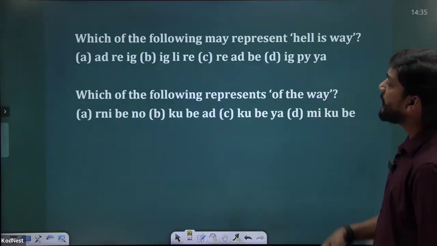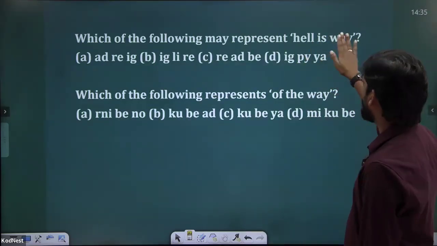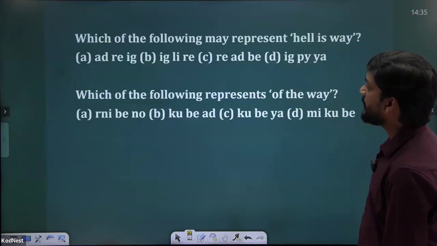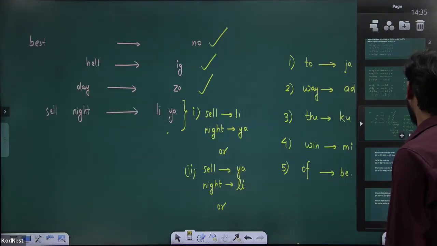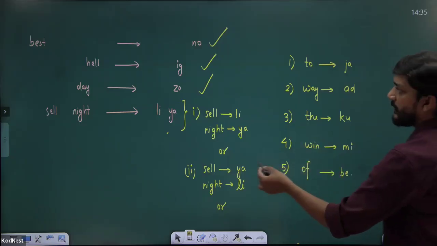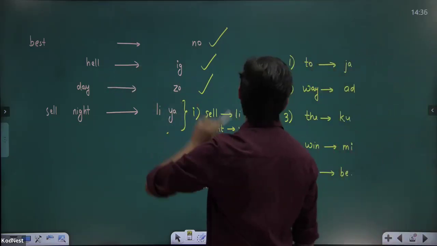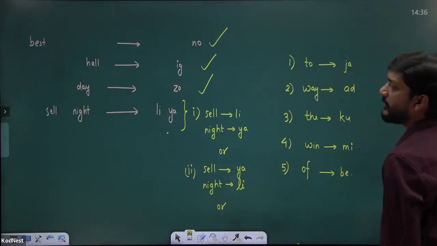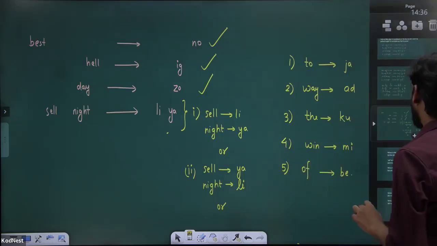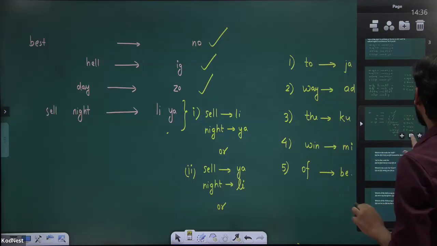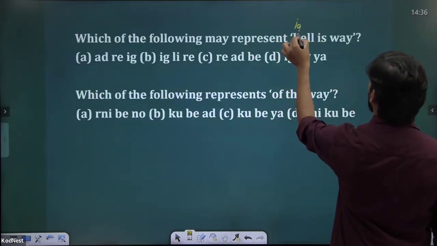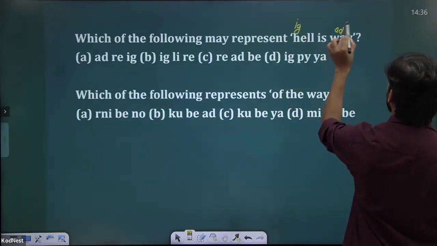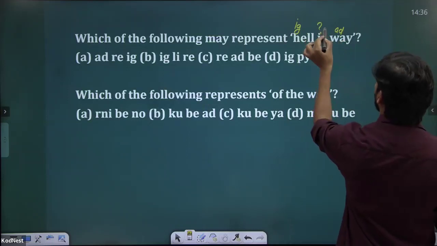Which of the following may represent hell is way? So three words are there. So let's see hell is way. So hell, where is hell? Hell is IG, way is AD, is word is not present. So translation of this is IG, translation of this is AD. And this we don't know.